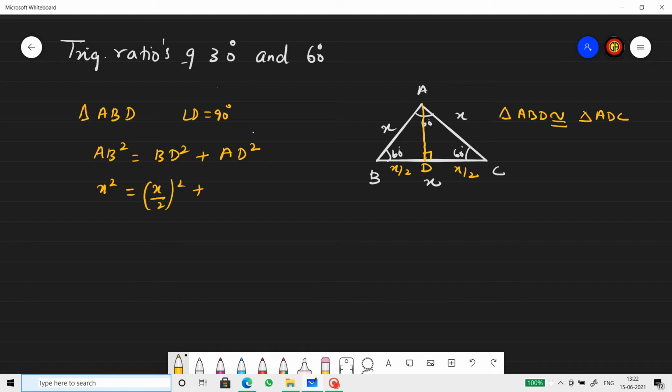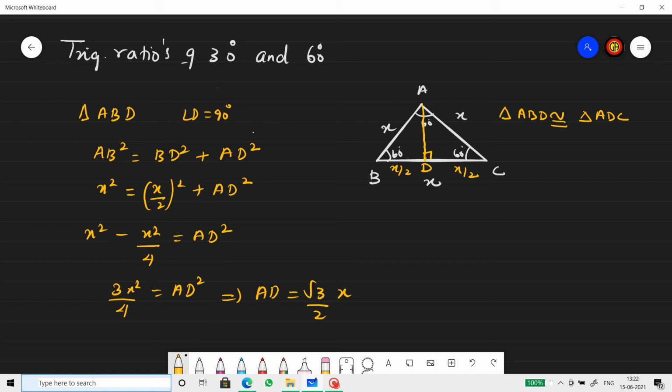And AD, well, that's what I want to find. So x square minus x square by 4 equals AD square. So 3x square by 4 equals AD square, implies AD equals root 3 by 2x. Alright, so we found AD as root 3 by 2x.